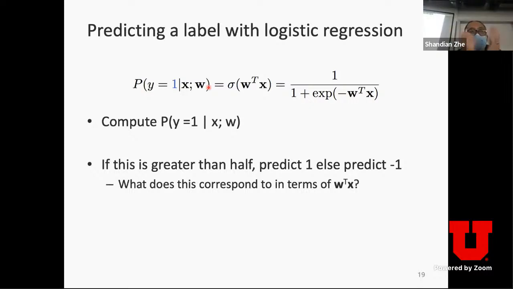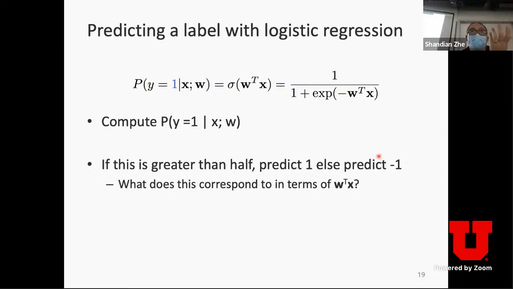And then according to this probability, can we give some label prediction? A commonly used heuristic is: if this predicted probability is greater than half, we're going to predict the label to be 1. Otherwise, we're going to predict the label to be minus 1.